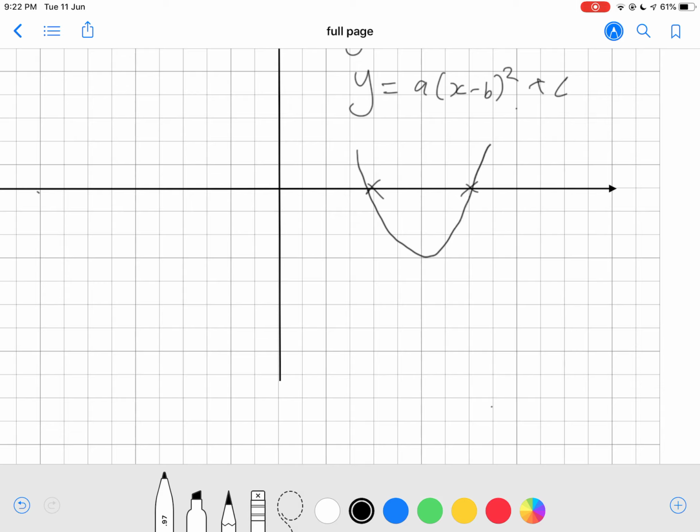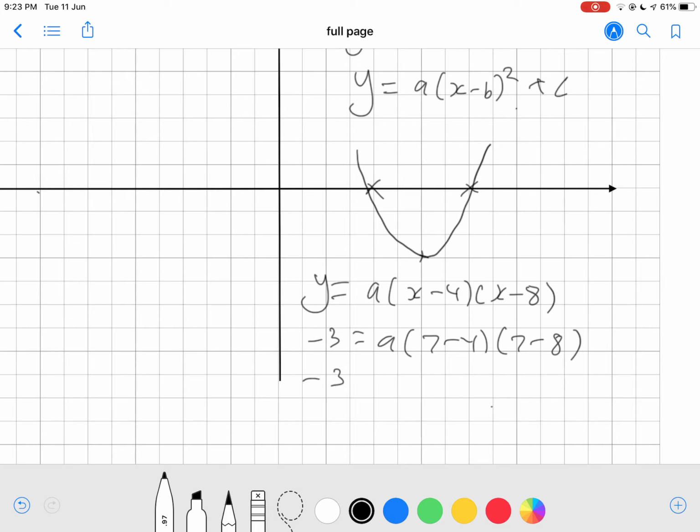Say for example this parabola here. We'll use the x-intercept equation. We'll say y equals a(x minus 4)(x minus 8). We'll say that this point here is (7, -3). So say negative 3 equals a(7 minus 4)(7 minus 8).